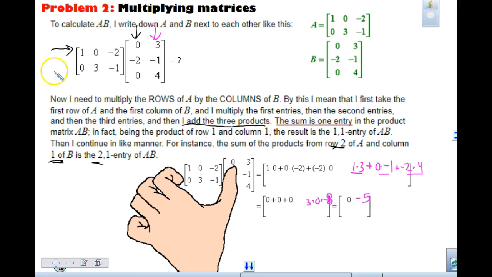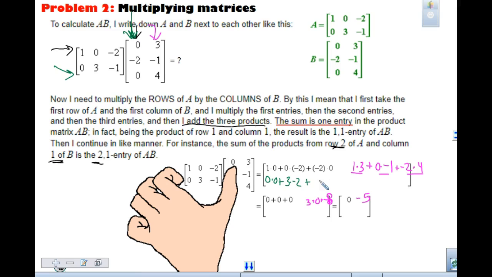Let's go down, now taking the second row. So now we're going to be row 2 with column 1. That means you're taking 0 times 0, plus 3 times what? 3 times negative 2.